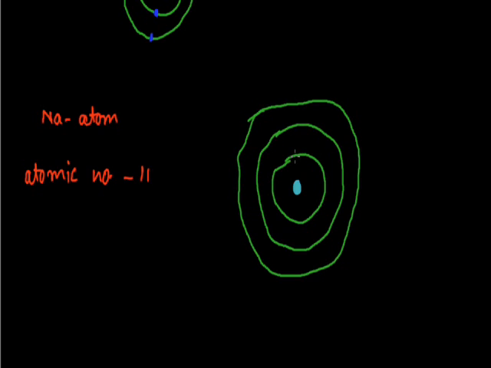First of all, there is the K shell, which can have a maximum of 2 electrons. Then the L shell can have a maximum of 8 electrons. So there are 10 electrons, and the remaining 1 electron will go to the M shell. So there are a total of 11 electrons.